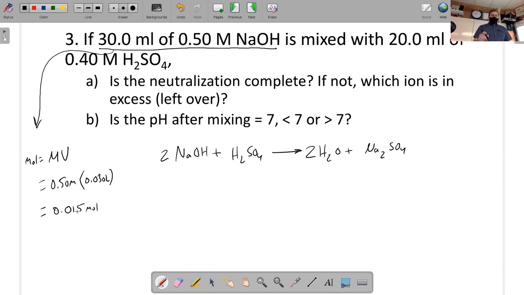We have 0.015 moles of sodium hydroxide. And for this 20 milliliters of 0.4 molar sulfuric acid, the number of moles is 0.4 molar times 0.020 liters. So that's 0.008 moles.